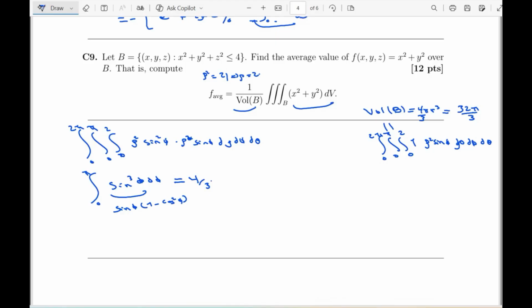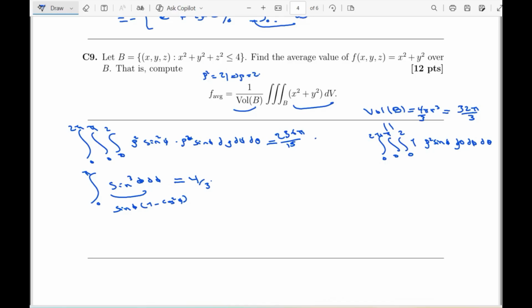So if you compute this as well, you will see that the value here is going to be, I'm not sure if I have the value here. I think it's going to be something like 256 pi over 15, but you can double check. I think this is the correct answer.